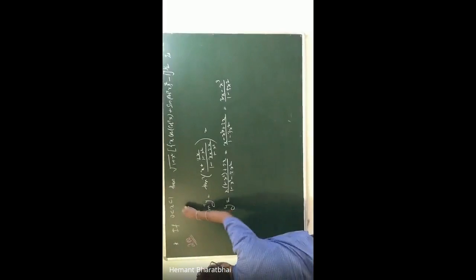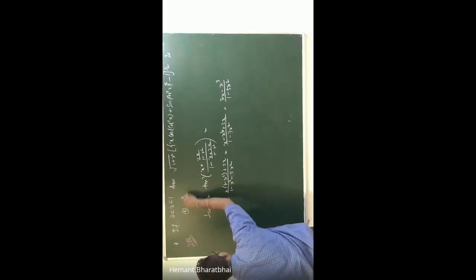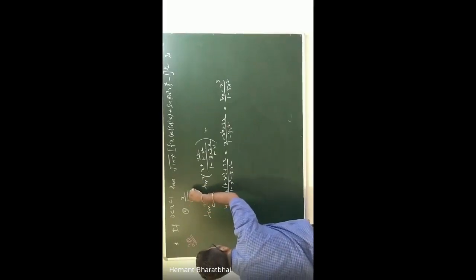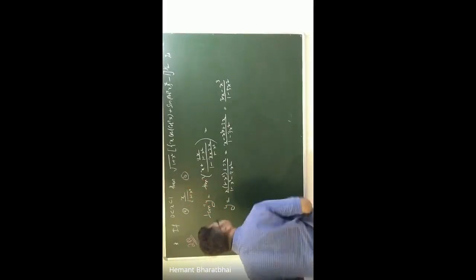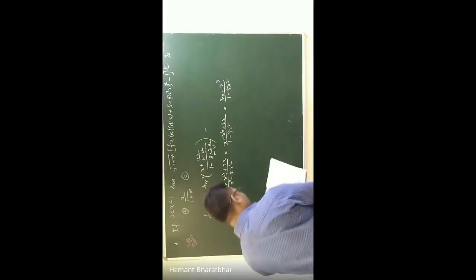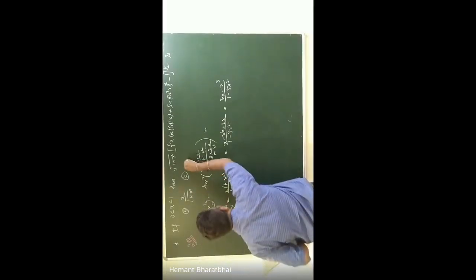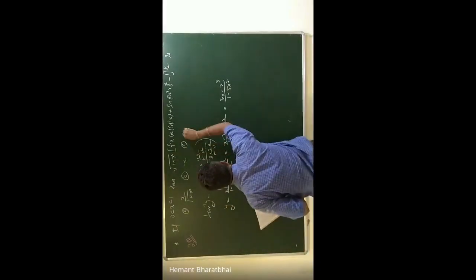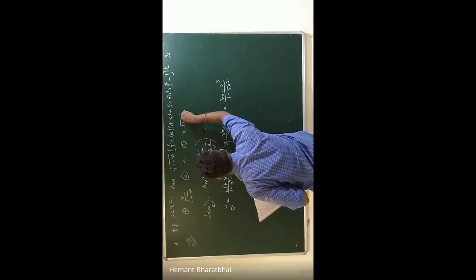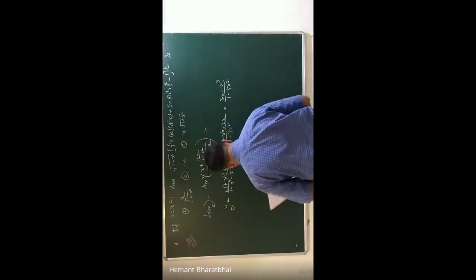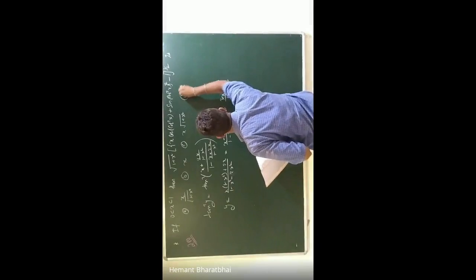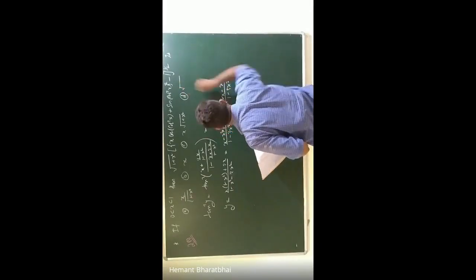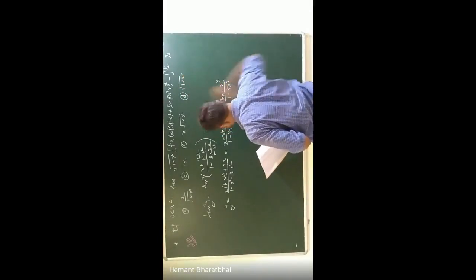Option number A, x upon under root of 1 plus x square. Option B, x. Option C, x into under root of 1 plus x square. And option D, under root of 1 plus x square.